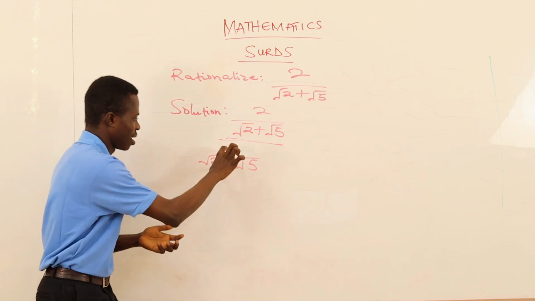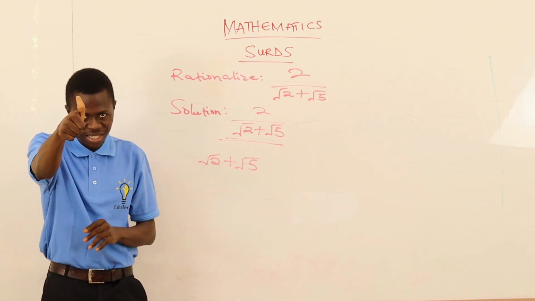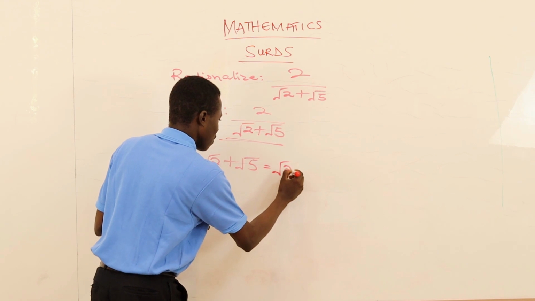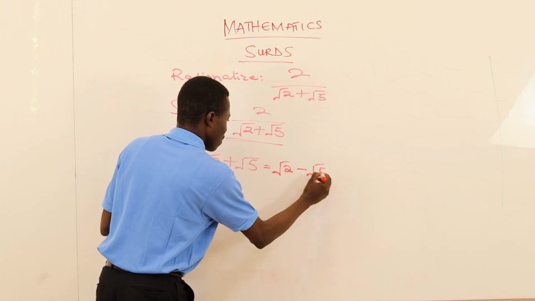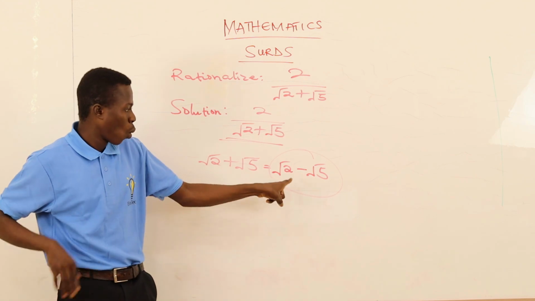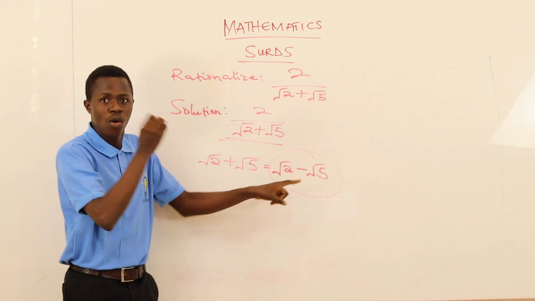So we find the conjugate surd. So what will be the conjugate surd? The conjugate surd will be changing the sign from positive to negative. So we are going to have the square root of 2 minus square root of 5 as our conjugate surd for the example on the board.